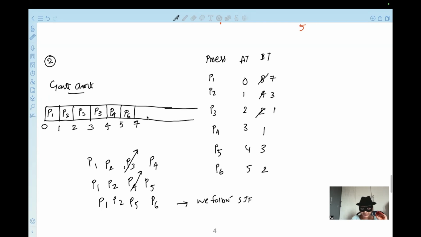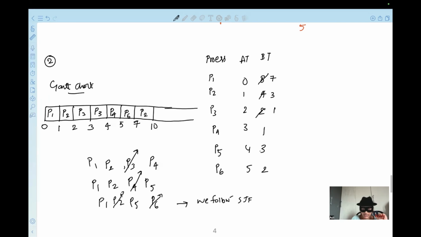And next, P6 is completed. P1, P2 and P5. P2 and P5 again have the same burst times, so we'll see their arrival times. P2 has the first arrival time. So we'll write P2 here after P6. That is 7 plus 3 is 10.